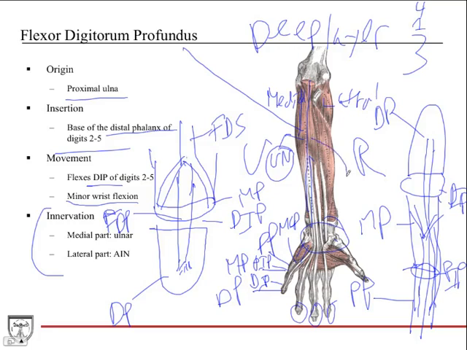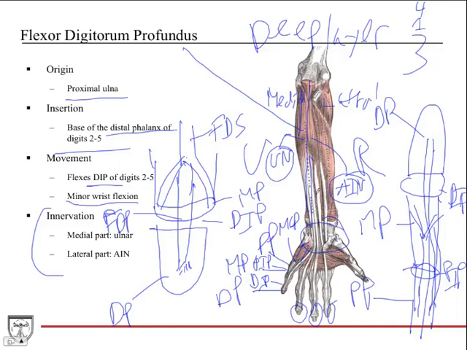This side is AIN, which is anterior interosseous nerve. The median nerve splits into the AIN, okay? And so the AIN is a terminal branch of the median nerve, and so it's essentially median nerve, but the official name is the AIN, which is a branch of the median nerve here in the forearm, okay?